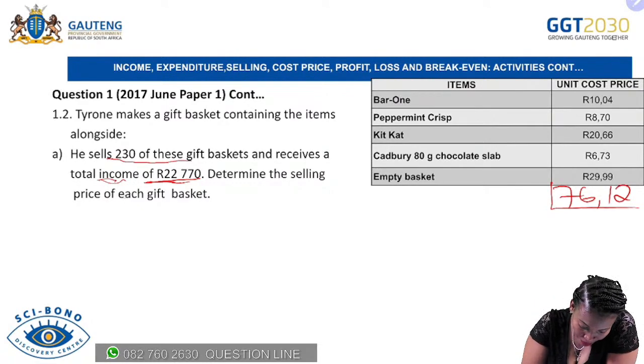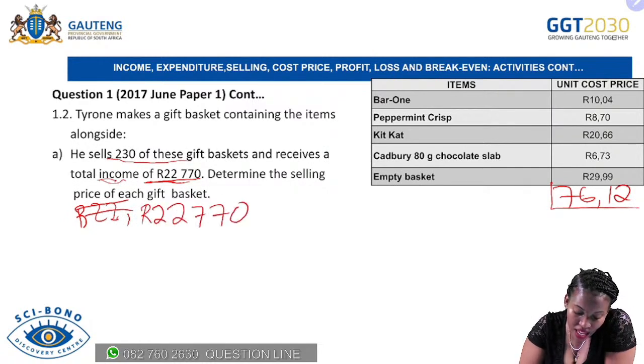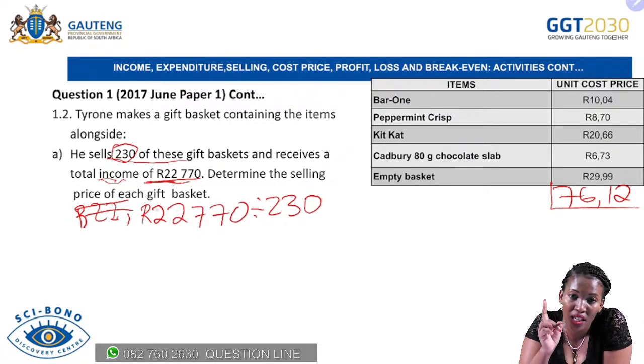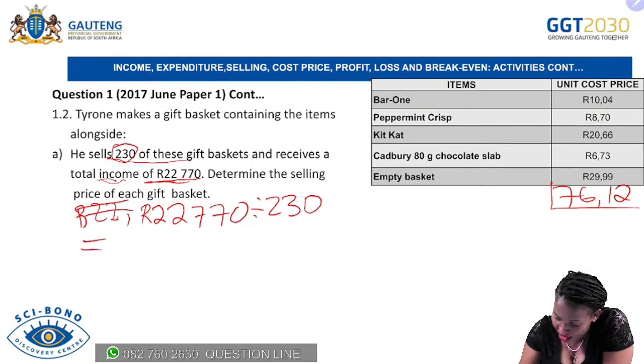So, I'm sorry guys, it is 22,770 divided by 230 baskets. Because they said for 230 he got 22,770, so we want to know what was the selling price of one gift basket. That's why I'm dividing it by 230. So I'm going to say 22,770. It's a lot of money.